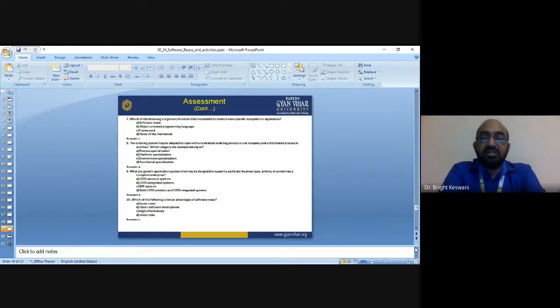So the right answer is A. And the last question, which of the following is not an advantage of software reuse? The options are lower cost, faster software development, high effectiveness, or lower risk. So the answer of this question is high effectiveness. That is C. So that's all from my side.